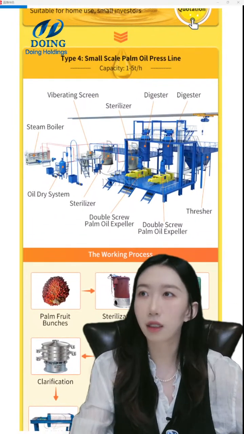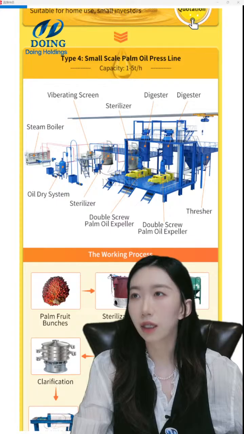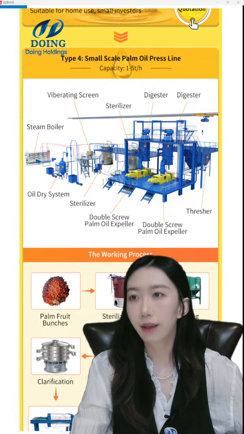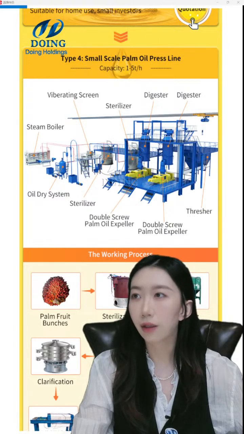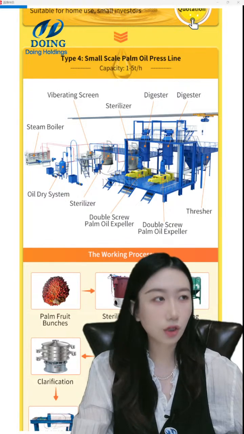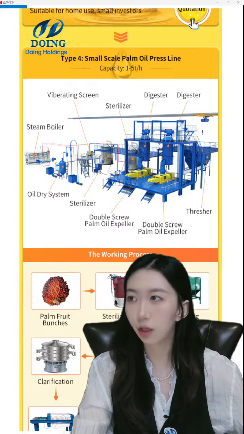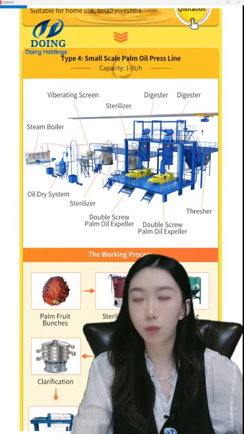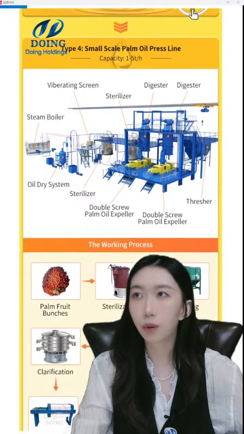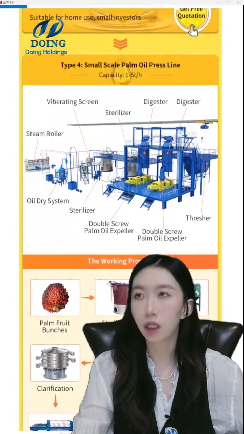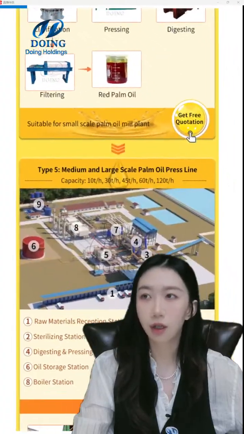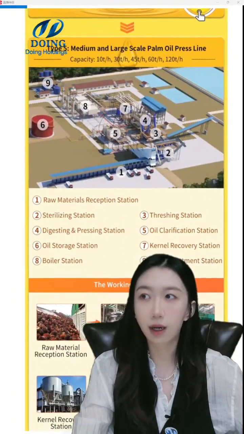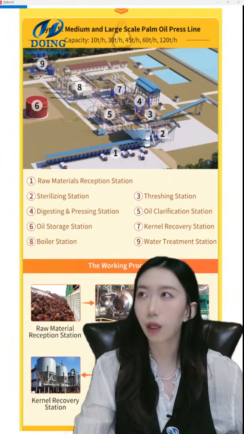It has a sterilizer and thresher, digester, presser, clarification machine, vacuum dryer, and steam boiler. The small scale palm oil production line, all we can provide for you.